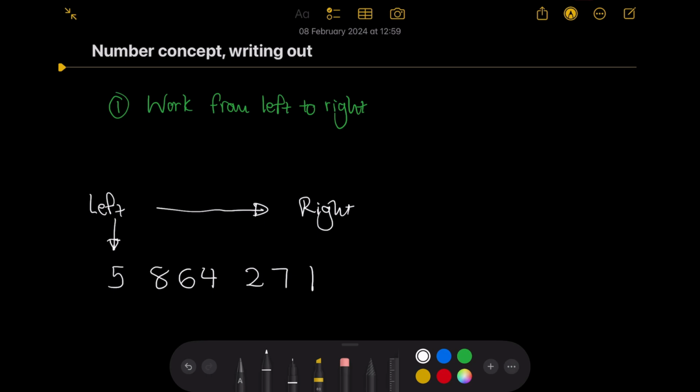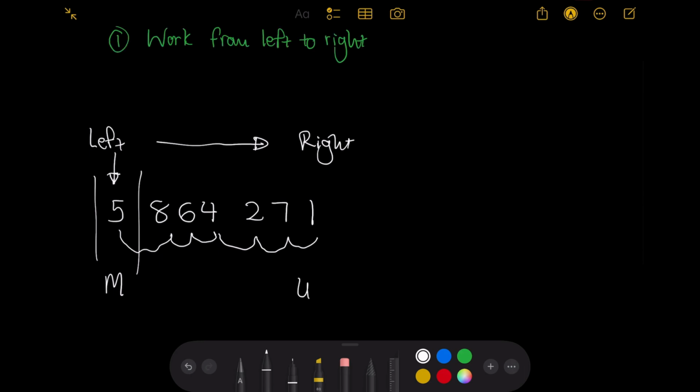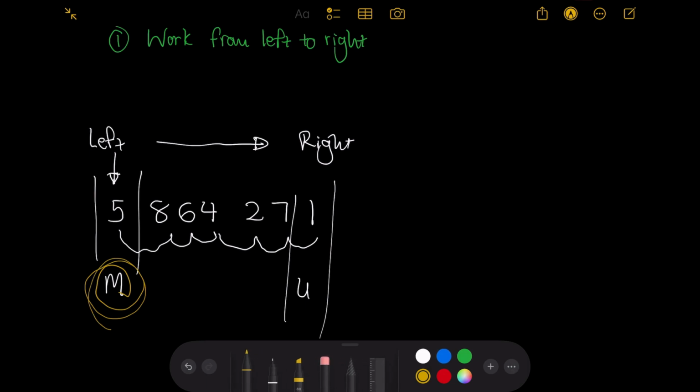So you'd say 5,864,271. You should always work from left to right, because this column would be the millions, and this column would be the units. You should obviously say the one with the highest value first, and then work towards your right. I hope that makes sense.